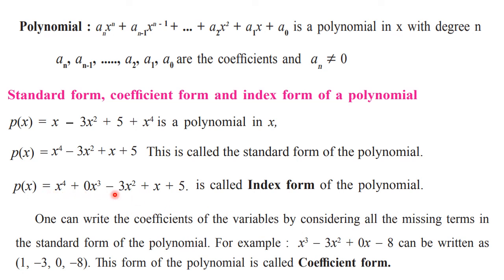If you want to write this particular polynomial in coefficient form, you have to do round bracket like you can see here. Then the coefficients are 1, comma, 0, comma, minus 3, comma, 1, comma and 5, and then the round bracket is complete.